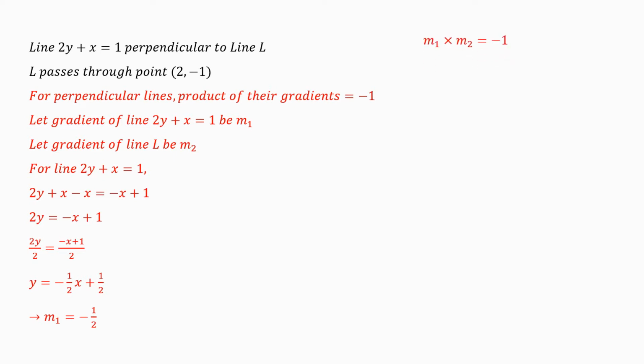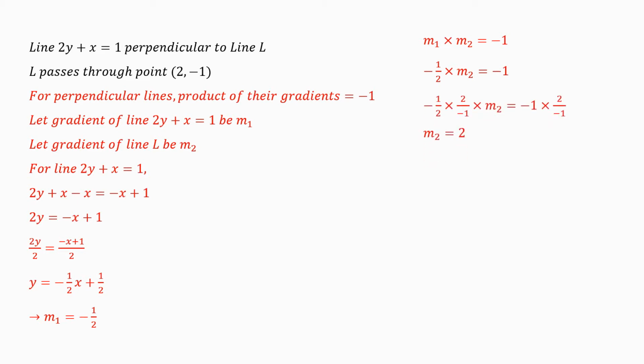And then since the product of their gradients is negative 1, it means m1 times m2 is equals to negative 1. We substitute the value of m1, then we multiply both sides of the equation by the reciprocal of negative a half to obtain the value of m2.